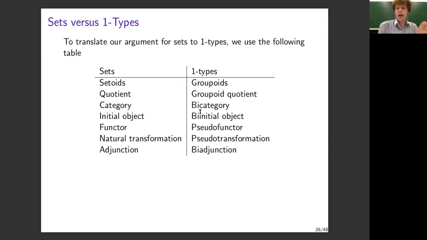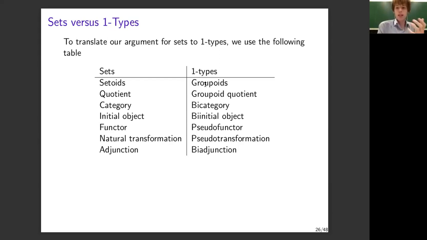Furthermore, a one-type has points and paths, but all structure above the path space is trivial. That means that if we would define one as a quotient, we would need to take all of this into account. For the quotient of sets, we would use an equivalence relation, which gives points and equalities. But for one-types, we want to have points, equalities, and equalities between equalities, and this structure is given by a groupoid.